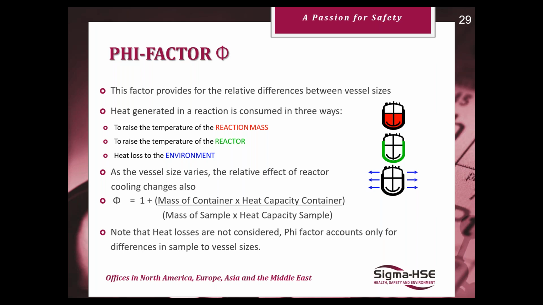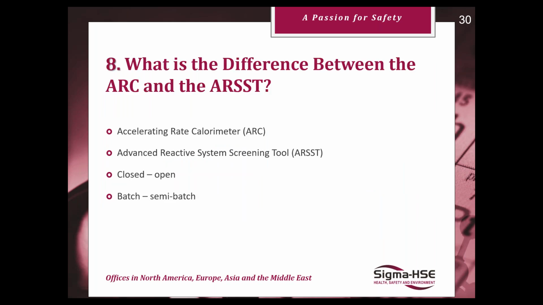Ideally, a phi factor of a large bulk system will be close to 1. So 1 is the perfect adiabatic system. Which leads us neatly onto some of our adiabatic testing methods. Luke, what is the difference between the ARC and the ARSST?